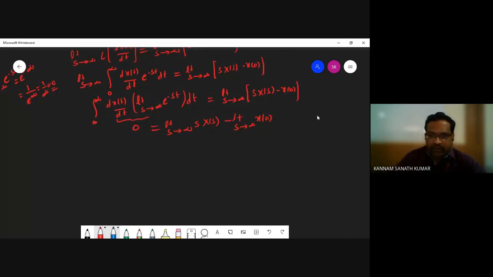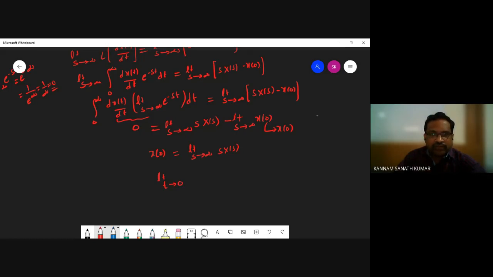If you move it to this side, what you are getting is x(0) equals the limit as s tends to infinity of s X(s). So x(0) is nothing but, as s tends to infinity, t tends to 0, as frequency and time domain are reciprocal.